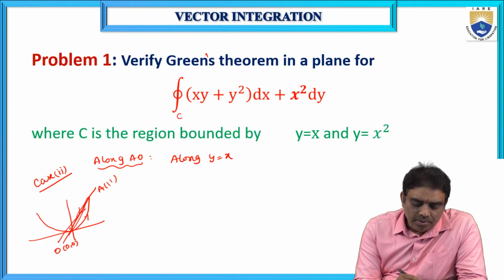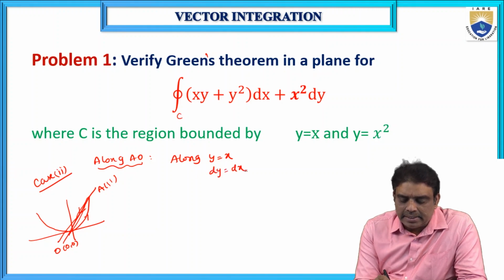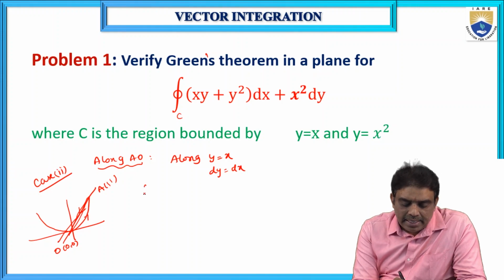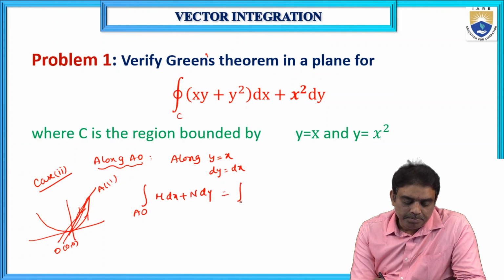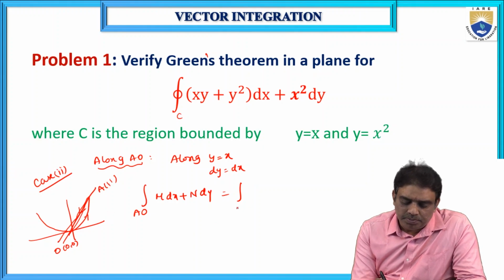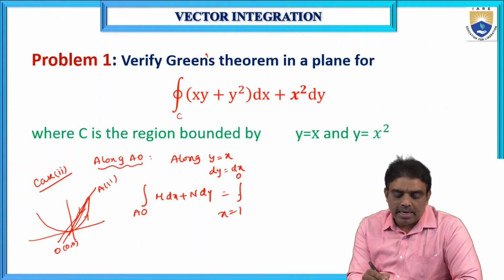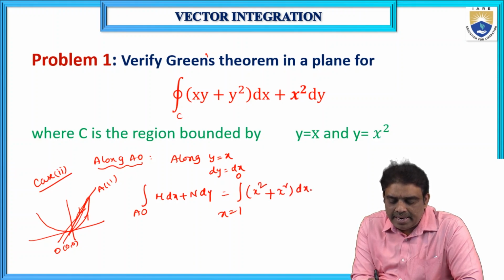Along AO, what is the line? Here y is equal to x, then dy is equal to dx. So the integral along AO of M dx plus N dy is the integral where x varies from 1 to 0, replacing y with x.